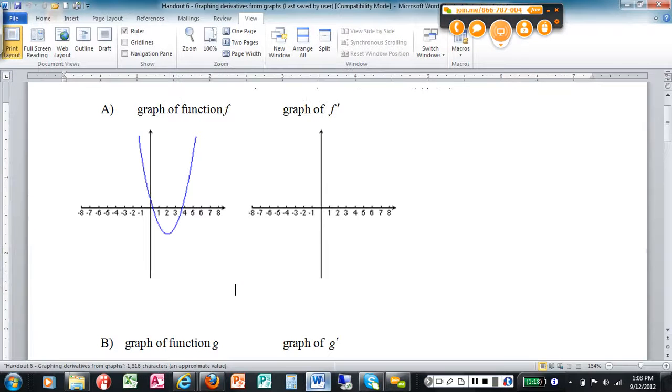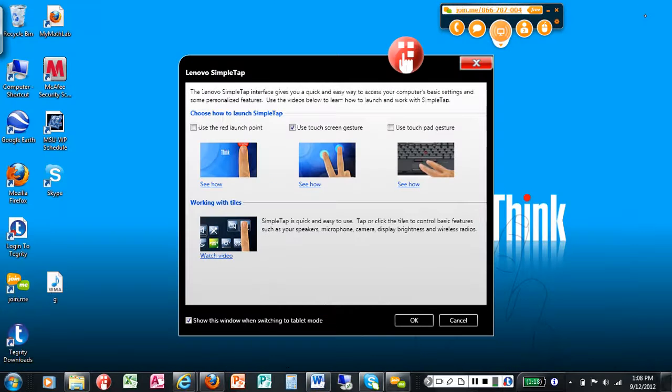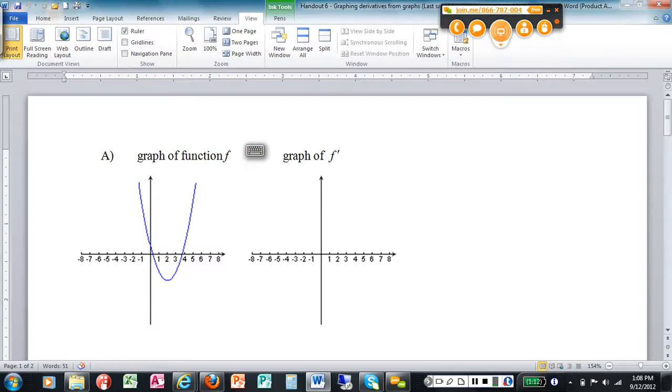Okay. We do not want to just find the slope, the derivative at one particular point. I want to get the whole graph of this derivative function.